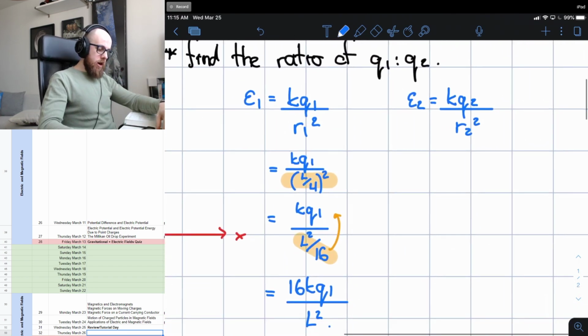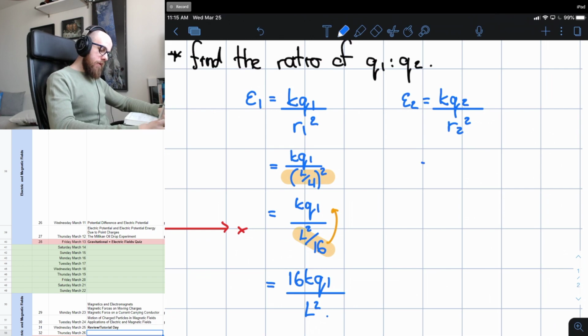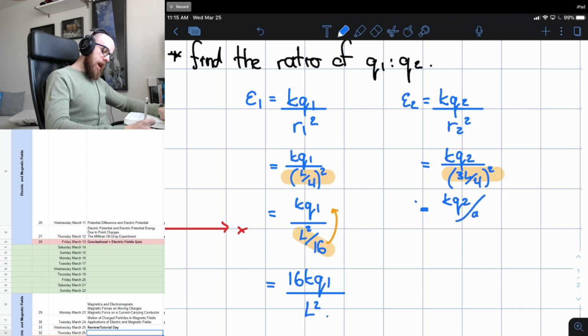So coming back over here, I'll have KQ2 over 3L over 4 all squared. Again, I'm going to expand out my denominator here: KQ2 over 9L squared over 16.